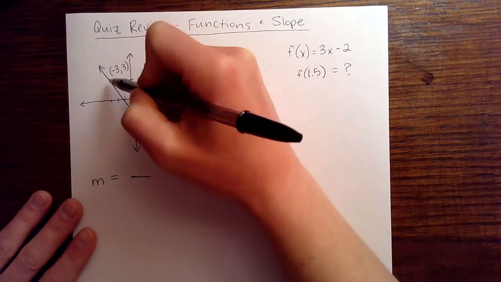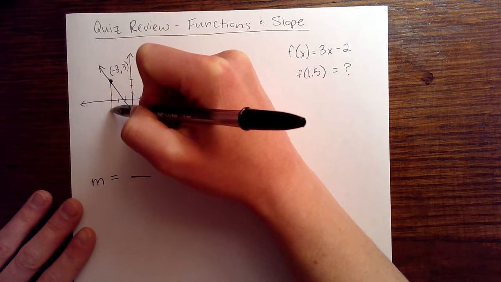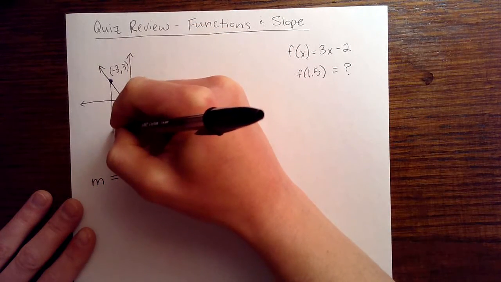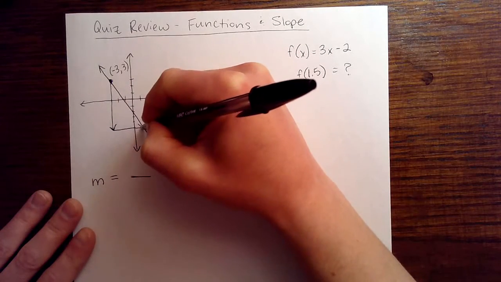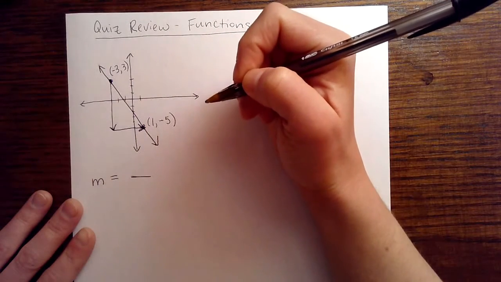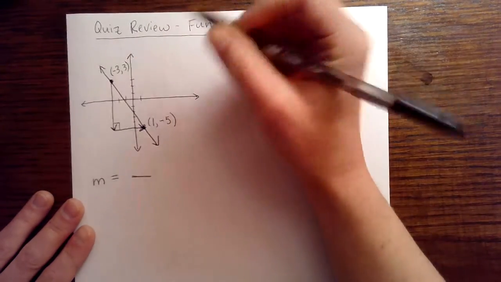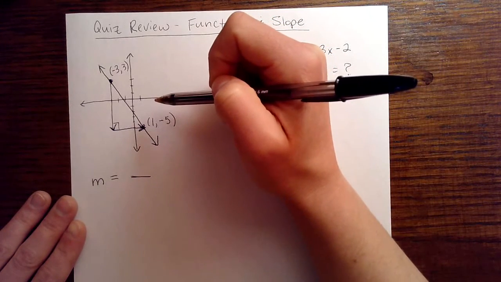So I'm going to draw in how far, in this case, down I go. And I'm also going to draw in how far right I go. So we're going down some number of units and right some number of units. Basically makes a right triangle to show the height and the width of that triangle is the slope.